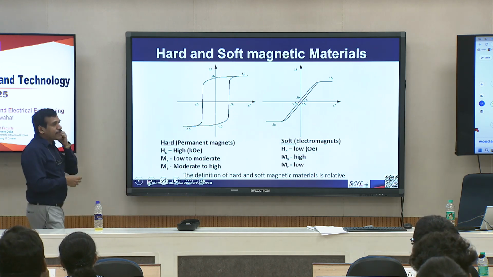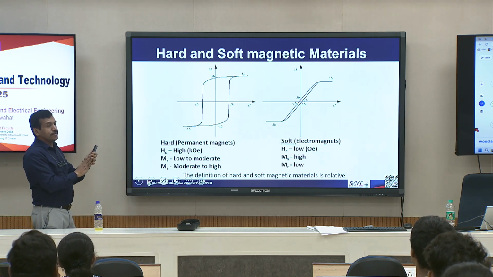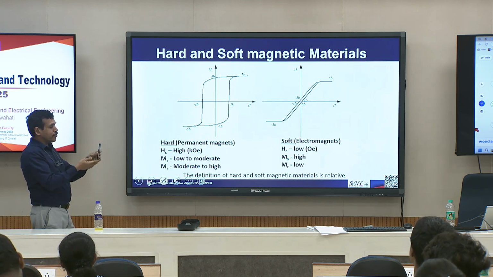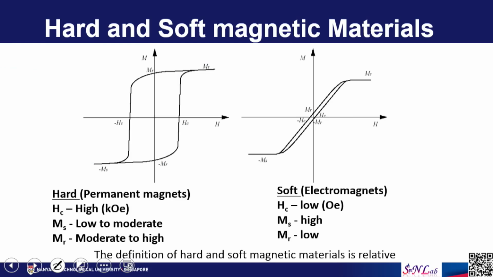On the other hand, a neodymium iron boron magnet is a permanent magnet. If I have to change the north pole to south, south pole to north, I need to apply very strong magnetic fields, typically 10,000 or 20,000 times larger. So, the coercivity, or the field needed to reach this particular point, will be very large for the permanent magnets.